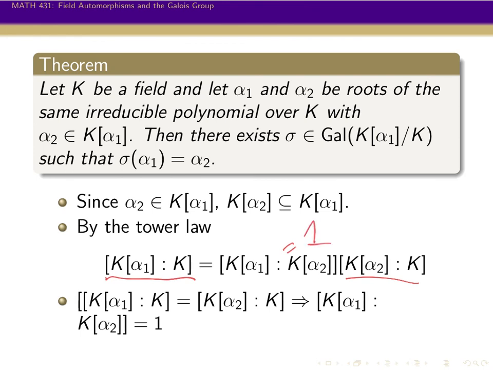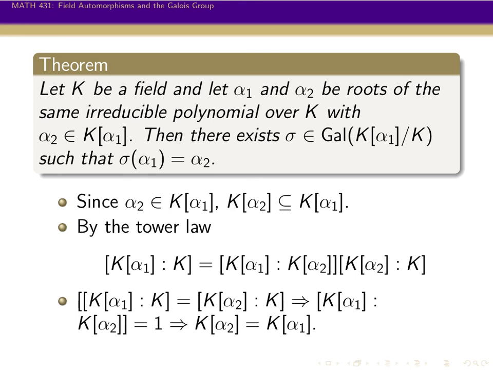Well, if it equals 1, and this is a problem that you had for homework, any extension that's degree 1 is the same field the whole time. And so this tells us that K adjoin alpha 2 is equal to K adjoin alpha 1.